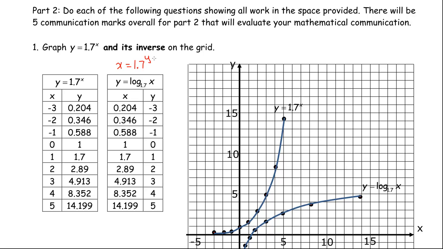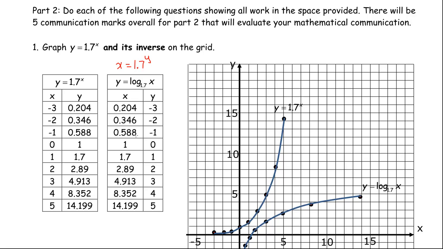If I solve for y there, y would equal the logarithm of x base 1.7. Remember, the base of the power is the same as the base of the log. So you could use either of these for the equation of the inverse. It's normal to use this one because we normally solve for the dependent variable, which is y.